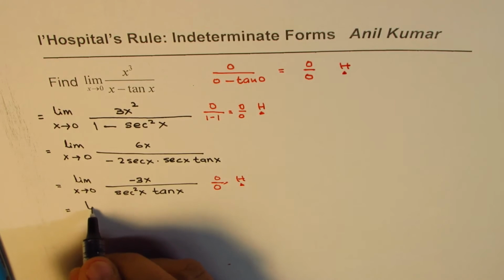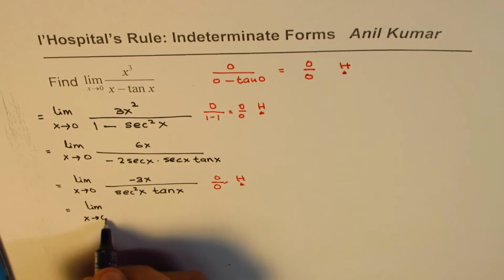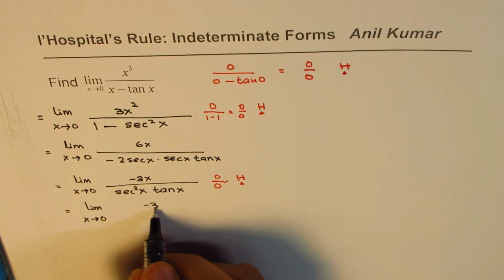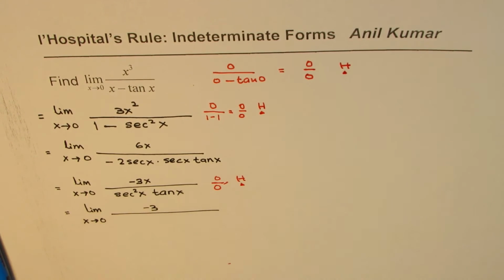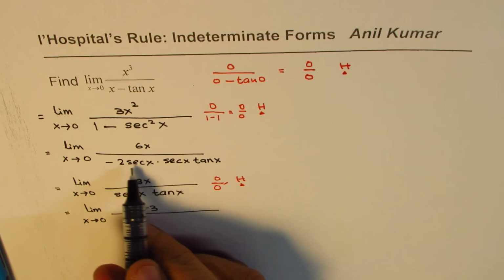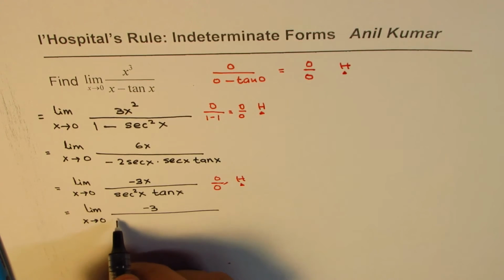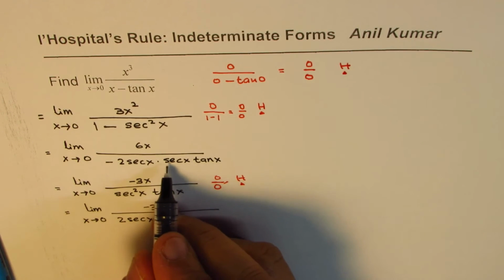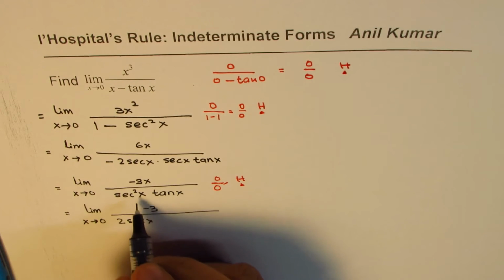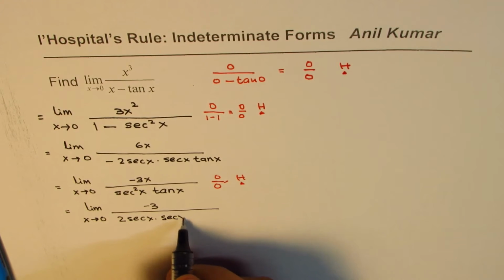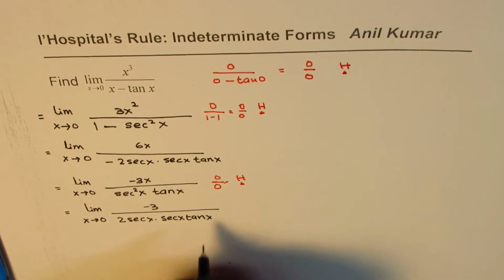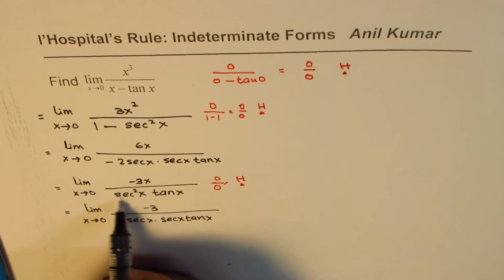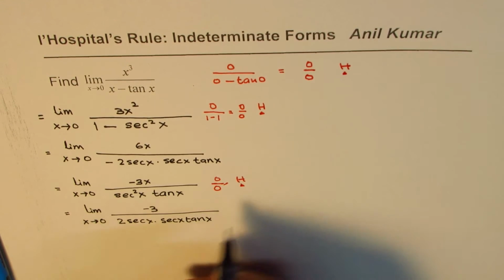So what we get here is the limit as x approaches 0. Derivative of minus 3x is minus 3, divided by... Now here, we need to apply the product rule. Derivative of secant square x is the same as we wrote earlier, so it is 2 secant x times secant x tan x, times tan x.